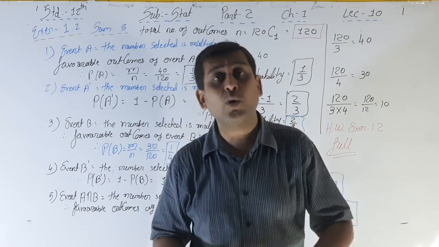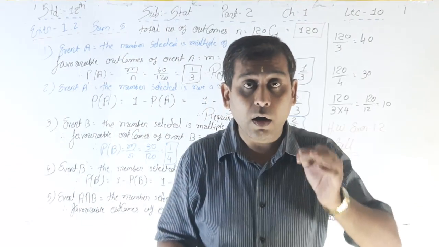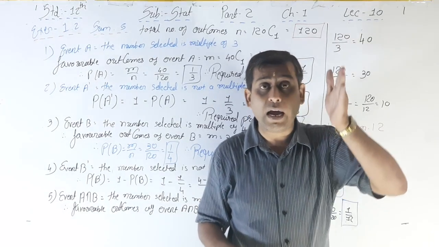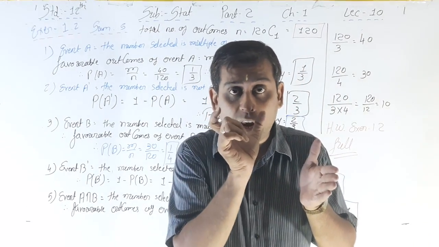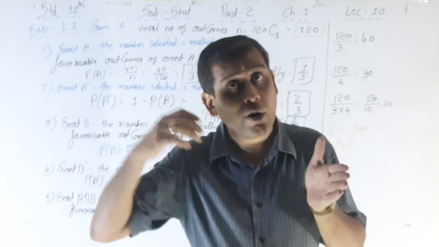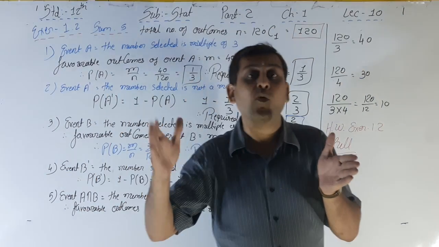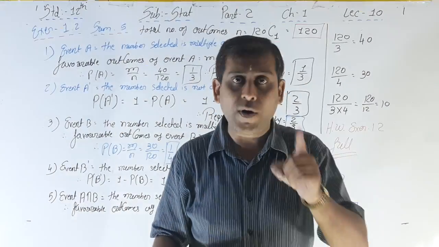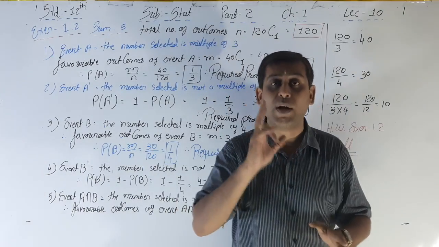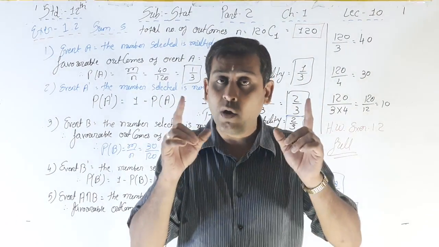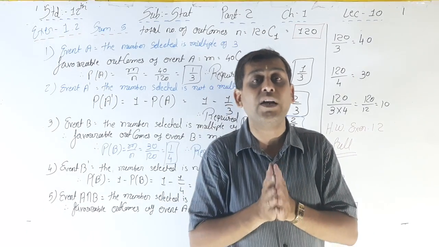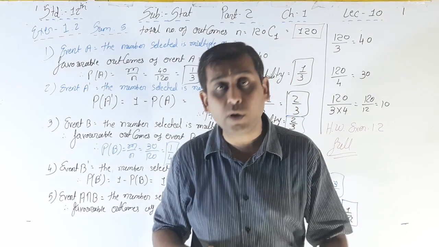Again, the favorable outcomes of event A are: for R 1P1, for the middle 4 letters 4P4, and for M on the last place 1P1. That is 1 factorial, 4 factorial, 1 factorial. 1 factorial is 1, 4 factorial is 24, and the last 1 factorial is again 1. 1 into 24 into 1, that's why 24 is your favorable outcomes.